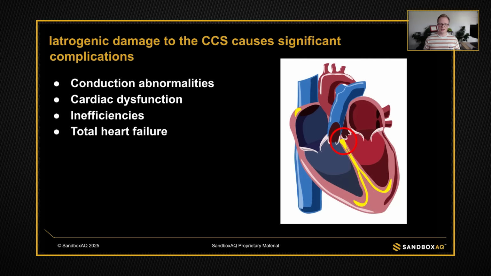Sometimes harm does come to the cardiac conduction system, which introduces things like conduction abnormalities, arrhythmias, inefficiencies in the heart, sometimes failure for the heart to beat properly entirely. This damage ends up requiring these patients to have pacemakers implanted so early in their life, within 1 or 2 months of being born, that they need to carry that burden with them throughout the rest of their life.